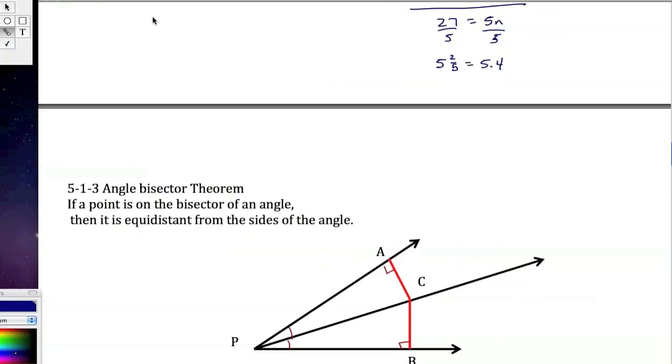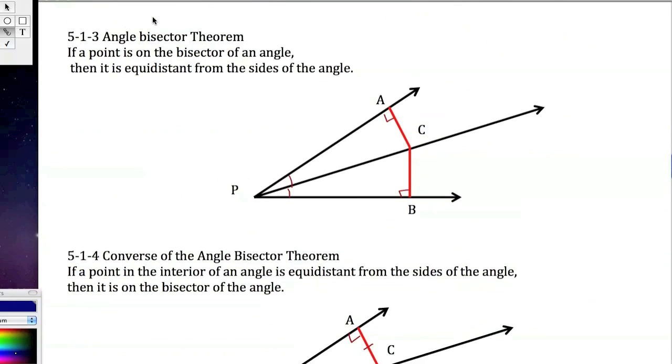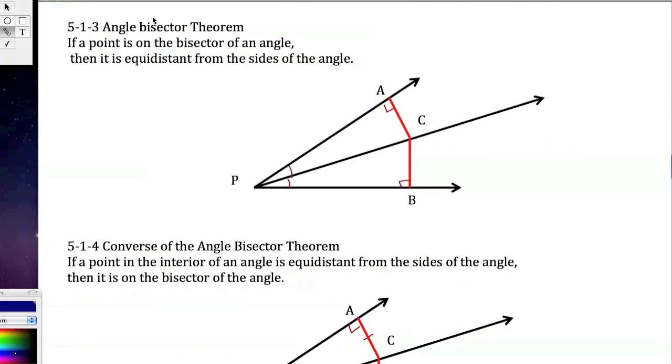Okay? The next part. We've talked about perpendicular bisector. Now we're going to talk about angle bisector. An angle bisector bisects an angle in half. What we're saying here is if a point is on the bisector of an angle, point C in this case, then it is equidistant from the sides of the angle.